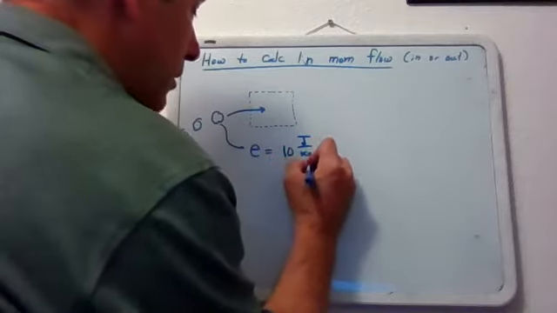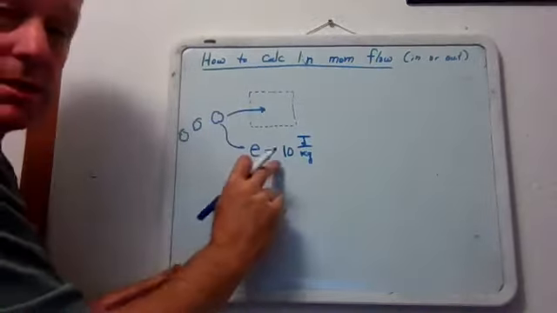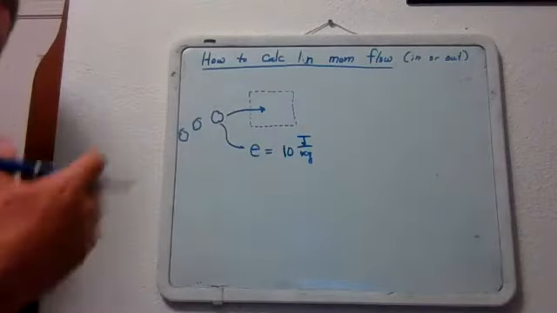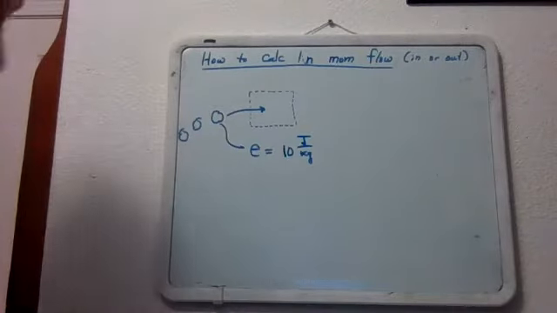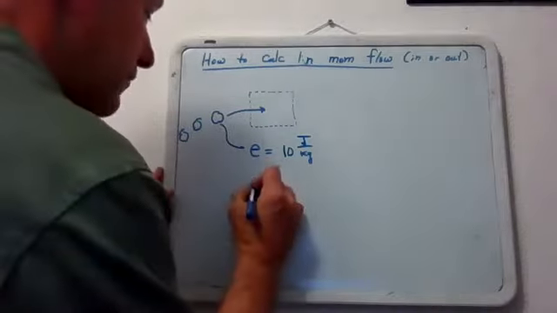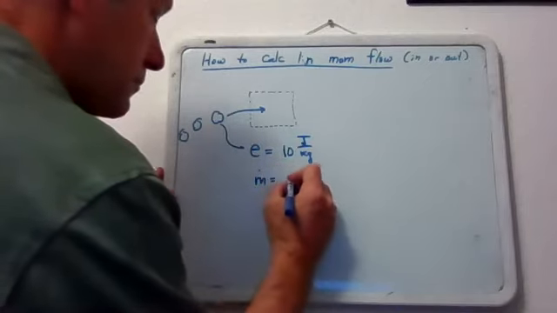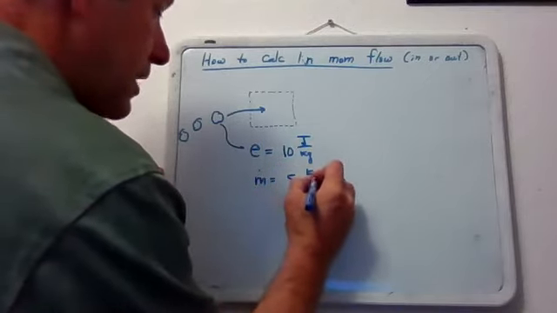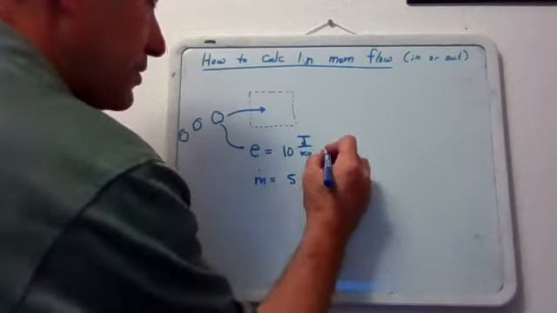Okay. Lowercase e, this is specific energy per kilogram. Something else that we could easily characterize about the fluid would be its mass flow rate. Let's say it turns out that the mass flow rate is 5 kilograms per second.